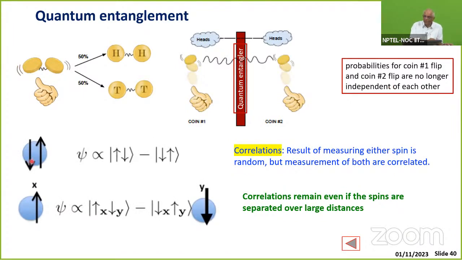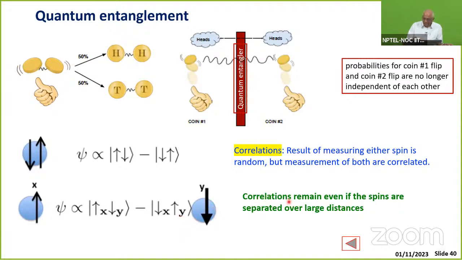So you bring this to our physics world. You have a spin. Suppose you have a spin up, spin down. So you have a wave function, which is written like this, a superposition of these two spins, right? The result of measuring, and then you separate them apart. So one spin you retain and the other spin is elsewhere. If they are entangled, that means they are correlated.